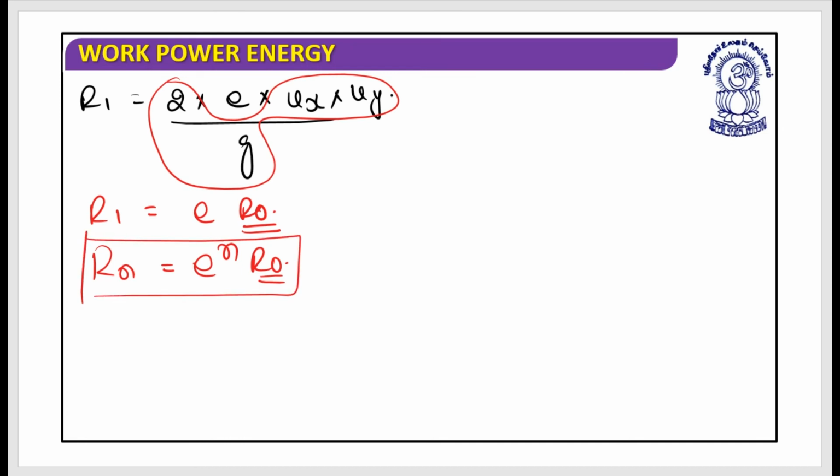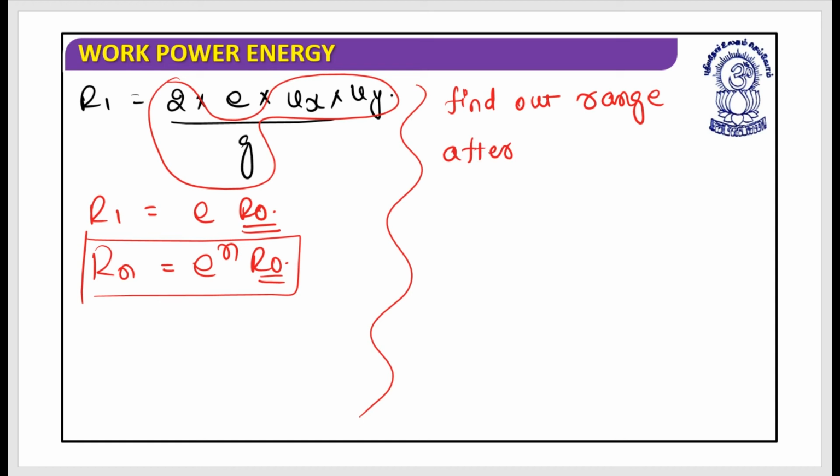If I have been asked to find out the range after the fifth bounce, what I am supposed to do is write only this: R5 is equal to e to the power 5 into R naught.